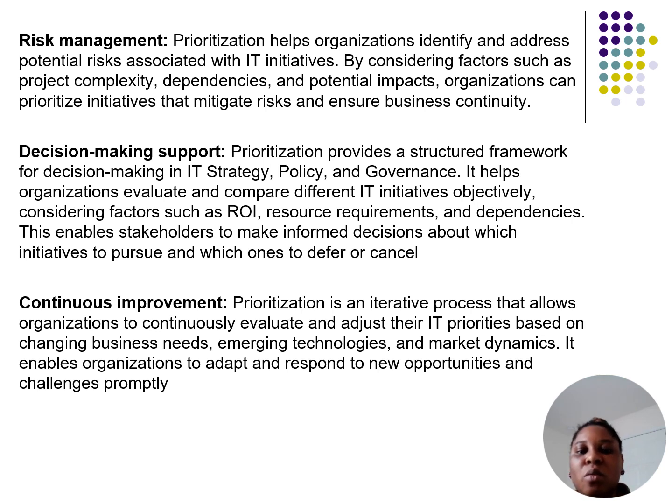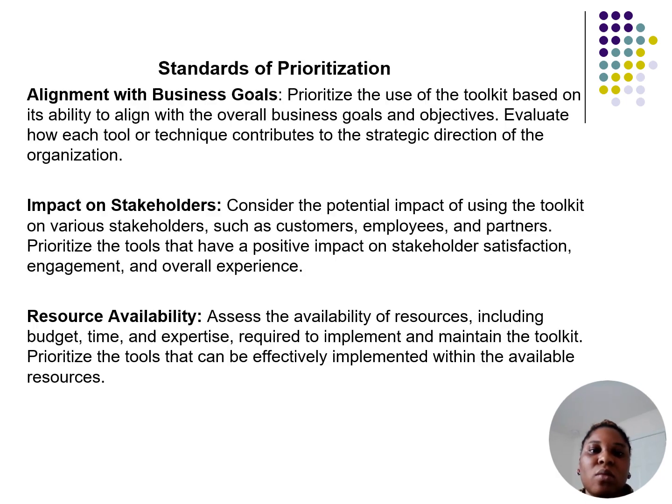And number five, continuous improvement. This prioritization enables organizations to adjust IT prioritization based on changing needs, emerging tech, and market dynamics, allowing them to quickly adapt to new opportunities and challenges.